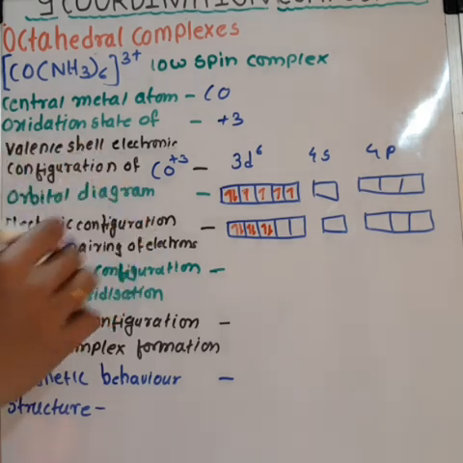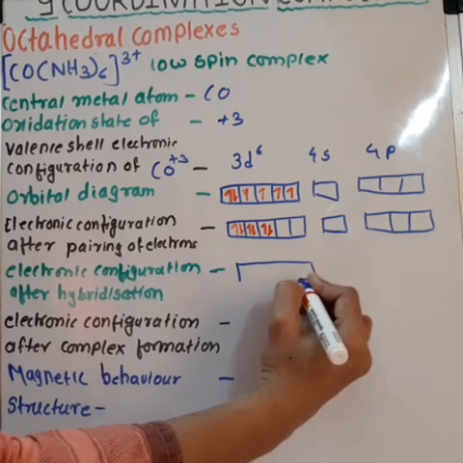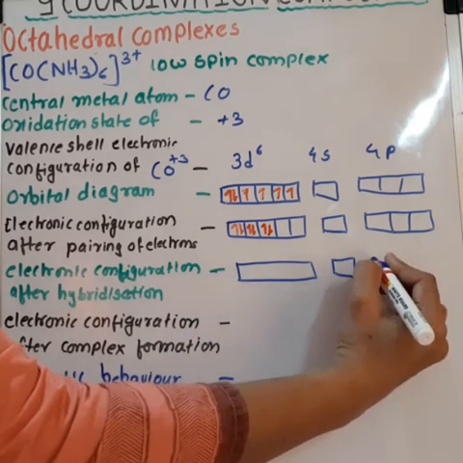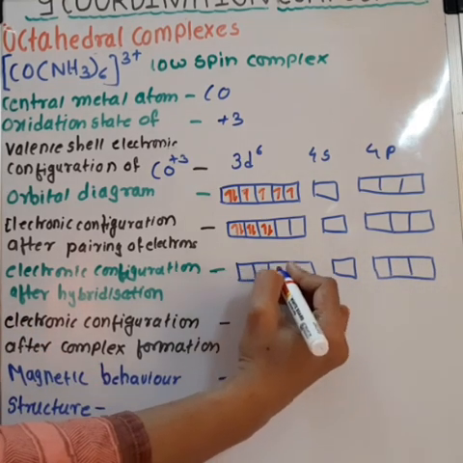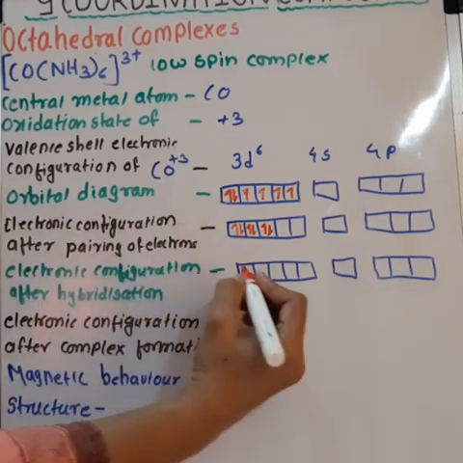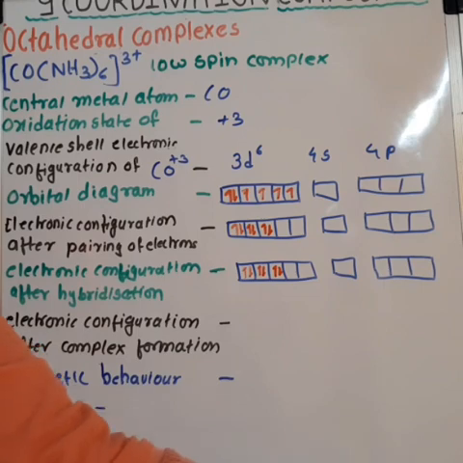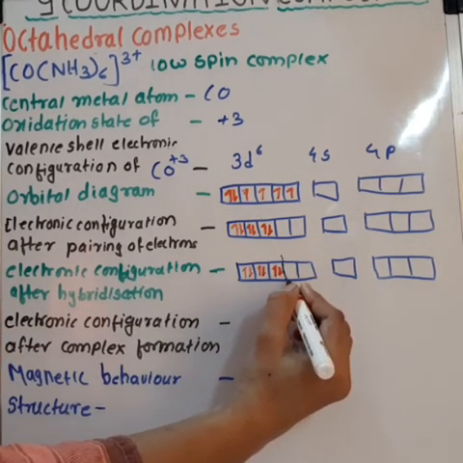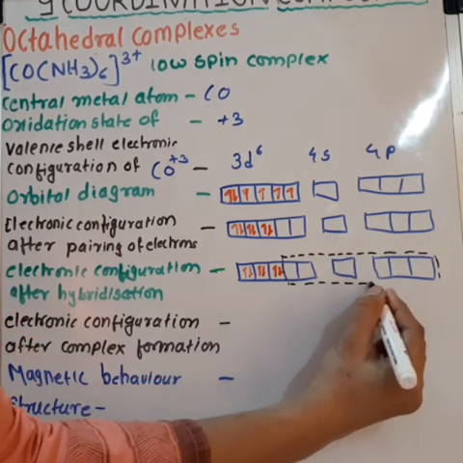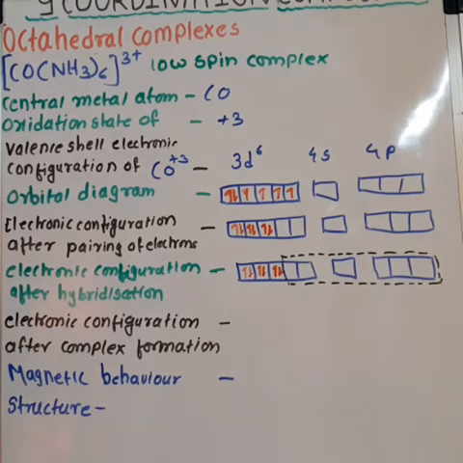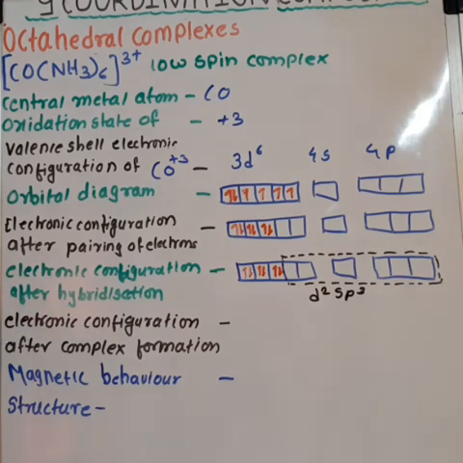So the electronic configuration after hybridization will be as shown. The d2sp3 orbitals take part in hybridization and d2sp3 hybrid orbitals are formed.